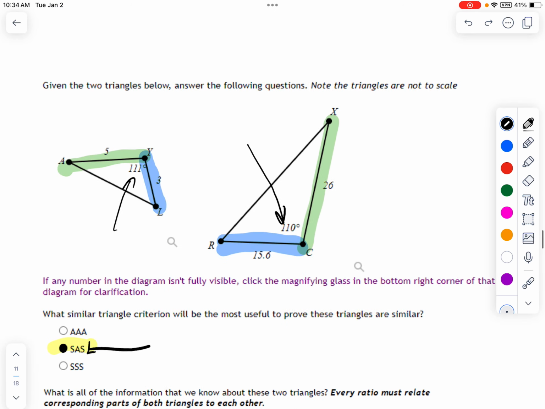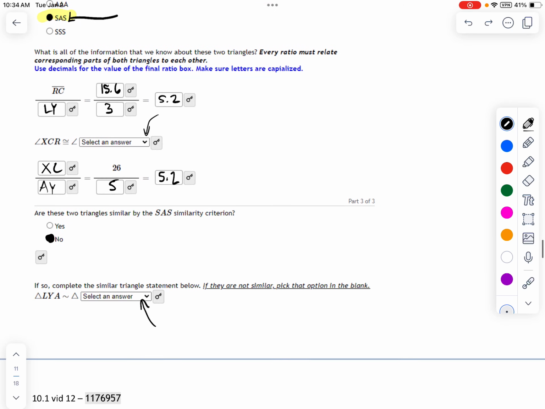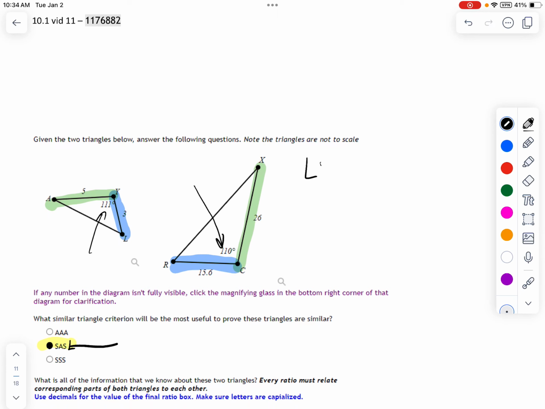This one says LYA. If we want to write the similarity statement, we have to go in the same order in the other triangle.